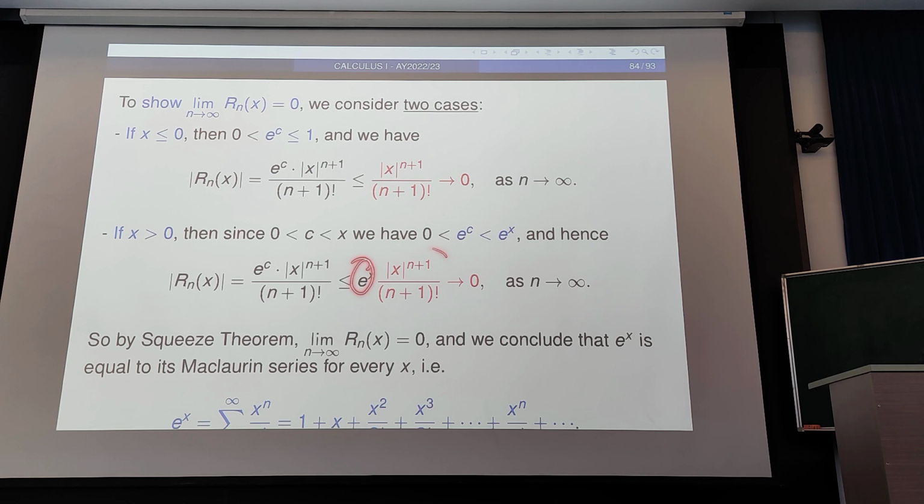So e^x and x^(n+1) is a fixed number. And if we let n tend to infinity, you will have a zero limit, right? Is this correct?